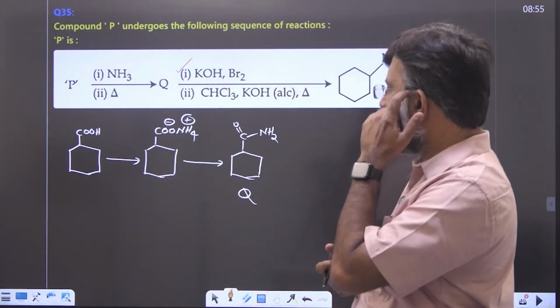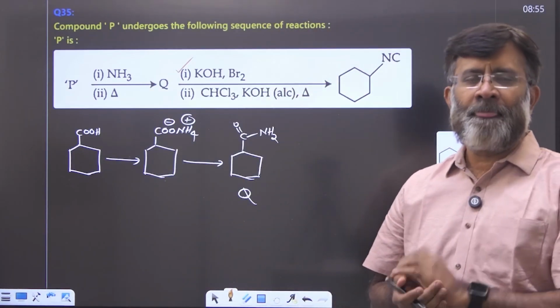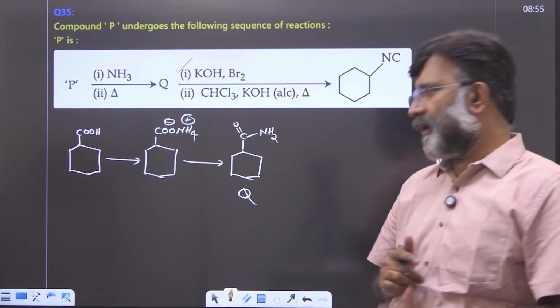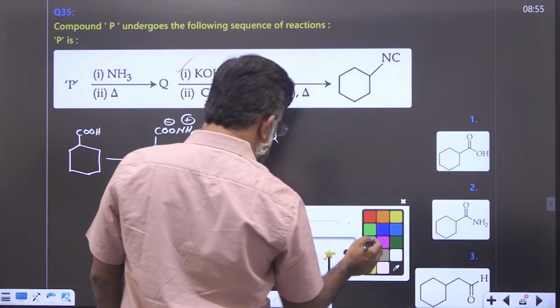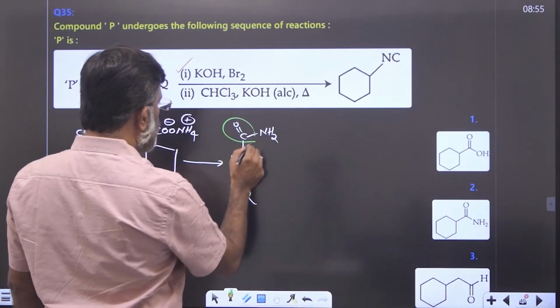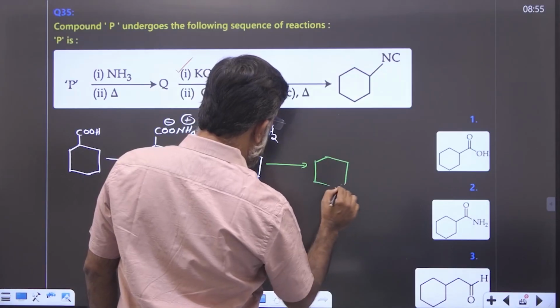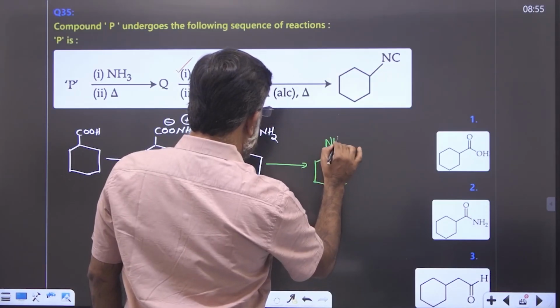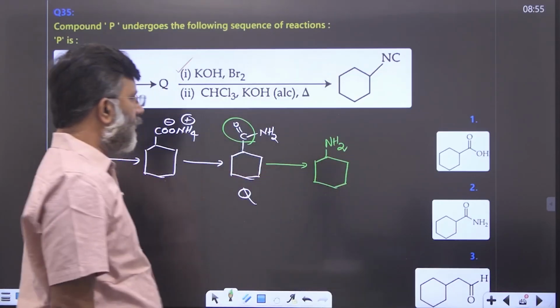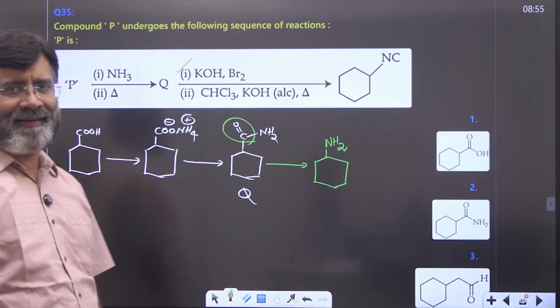It is Hofmann's degradation reaction. And what is the result of Hofmann's degradation reaction? This group will be out, and the result will be that you get an amine. You get cyclohexyl amine, right?